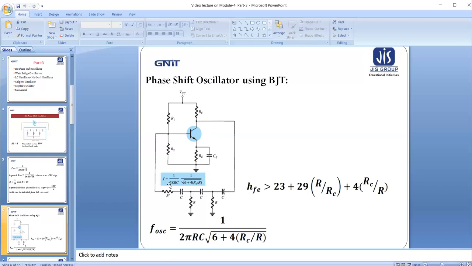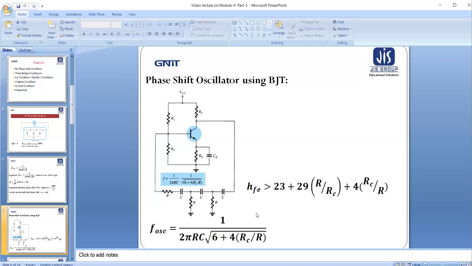Now its frequency of oscillation is somehow different from our previous discussion. It is equal to 1 by 2 pi RC root over 6 plus 4 RC by R. This expression comes from the hybrid parameter model of this entire network, and here the HFE, that is the transistor amplifier gain, must be greater than 23 plus 29 R by RC plus 4 RC by R. So this relation is quite complicated compared to the previous discussion.